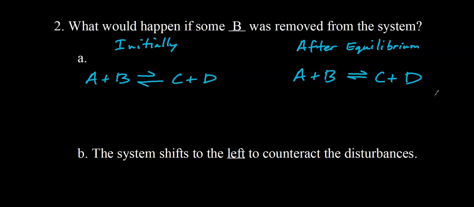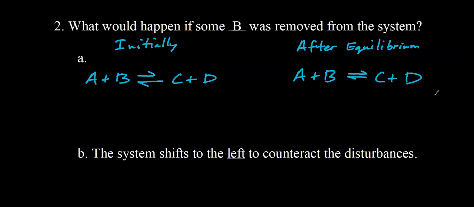If you remove B, if you take some B out of the container, the system's going to respond in a way to replace, not all, some of the B that was removed. It can do so by speeding up that reverse reaction, at least relative to the forward reaction.